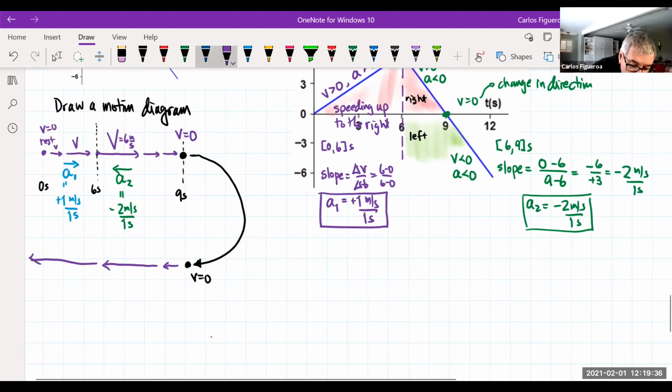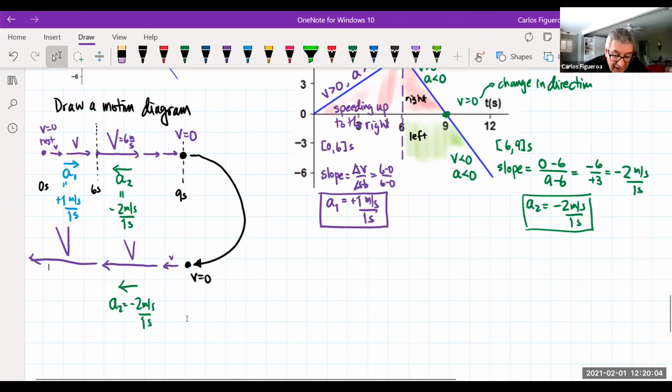Why do I speed up faster? Because my acceleration now is minus 2 meters per second every 1 second. And so I get up to a faster speed in a shorter amount of time. So I see my velocities are speeding up faster in a shorter amount of time here. So that's what it looks like graphically.